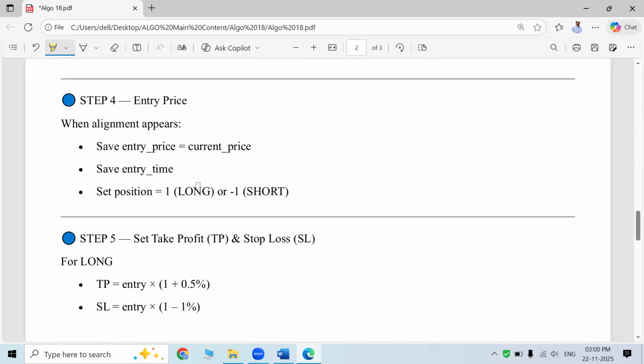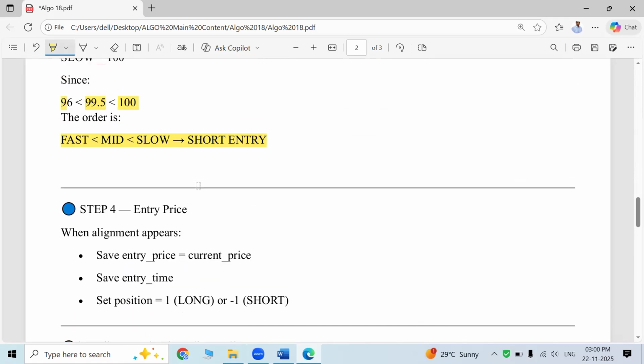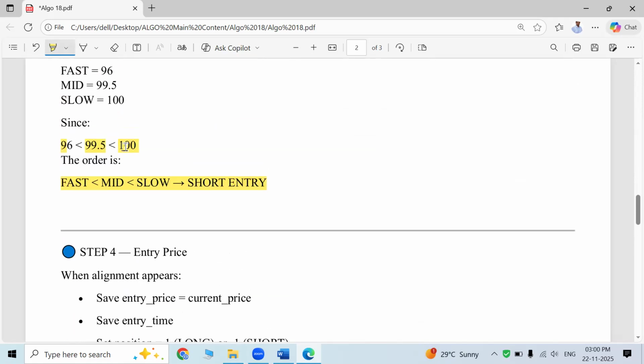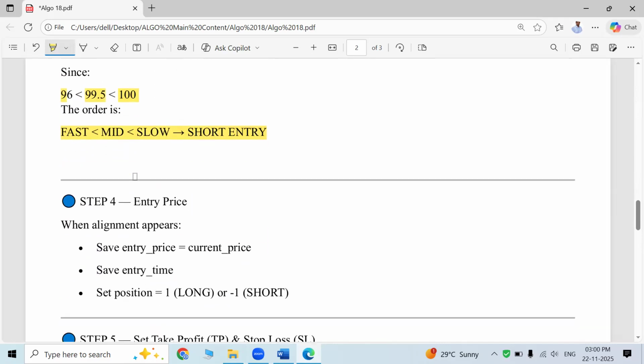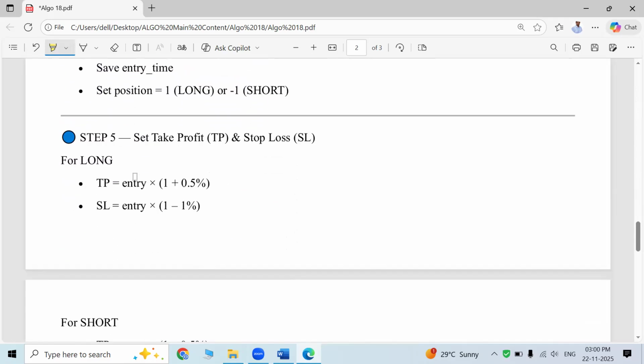If we reach the target price, we end the trade, or if the alignment changes, that is, if the logic gets reversed and any one of the conditions is not satisfied, we come out of the trade. The logic is: if we get 0.5% profit, we exit.